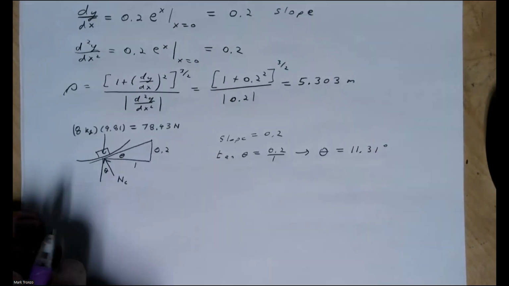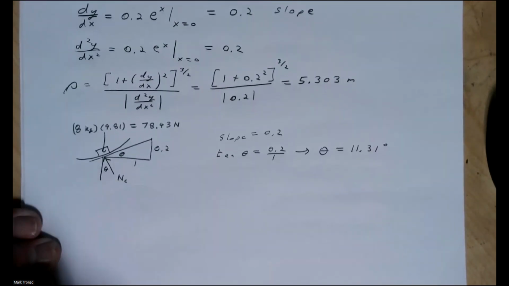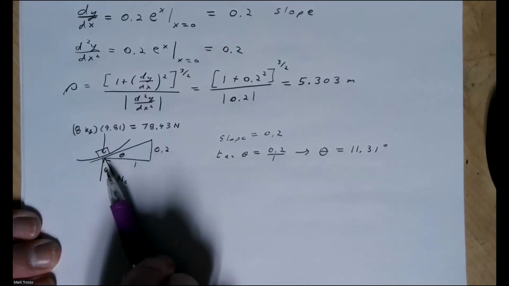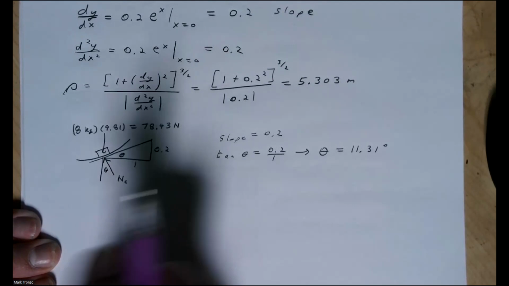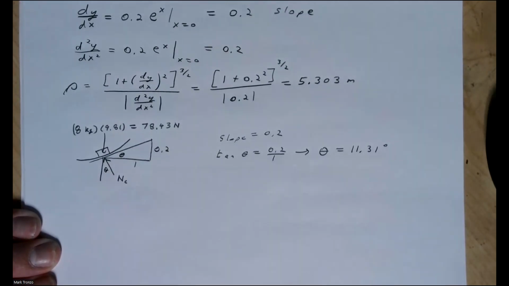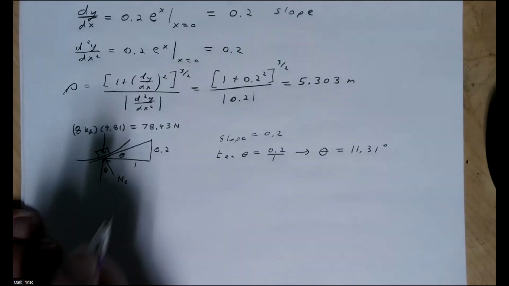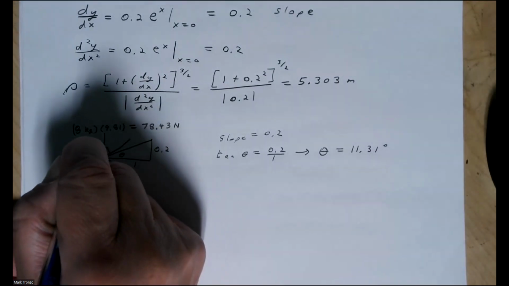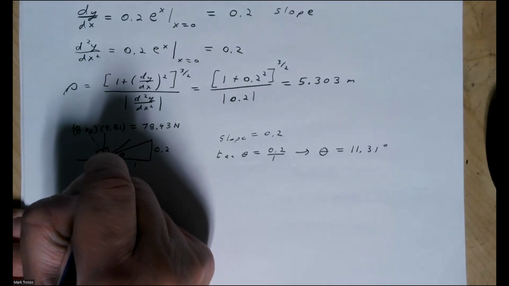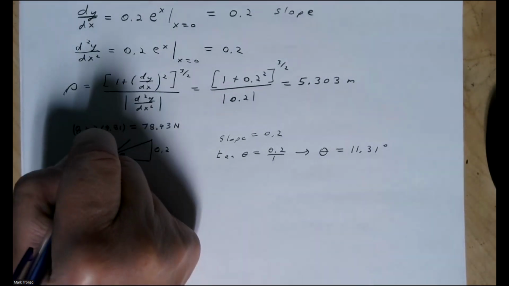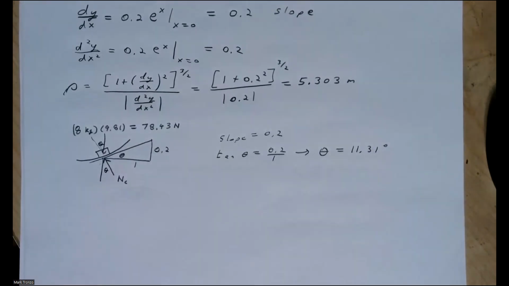And so let's sum the forces in the normal direction. And actually, we may need to mention one more thing. So again, if that is theta, and let's say if we have something like here, then this also has to be theta over here.